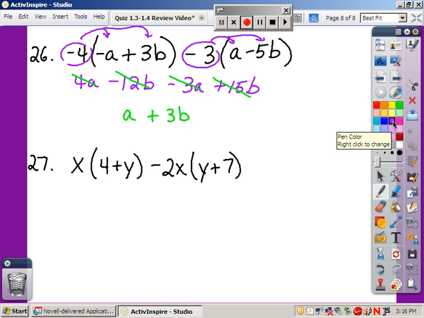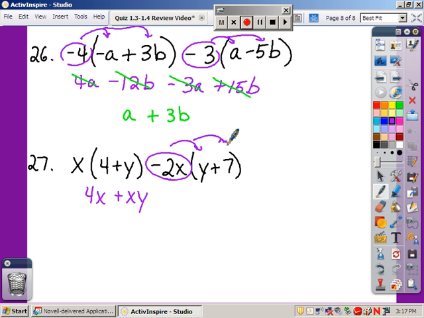Here we are with a variable times parentheses. Still really the same thing. X times 4, that's just 4x. And x times y, you can't do anything with it other than just say xy. Here again, a negative, not just minus, but negative 2x times each one.